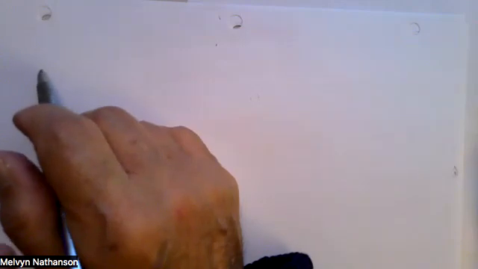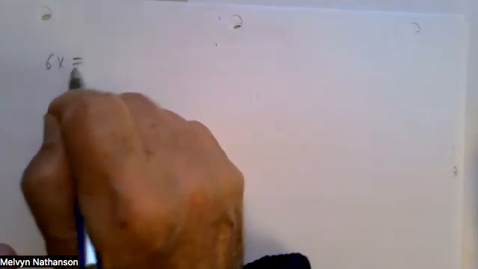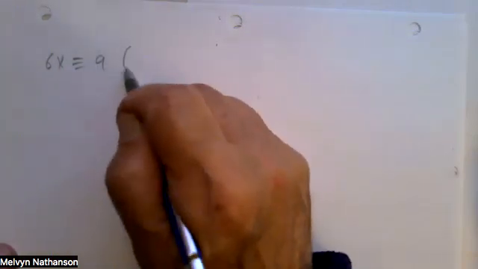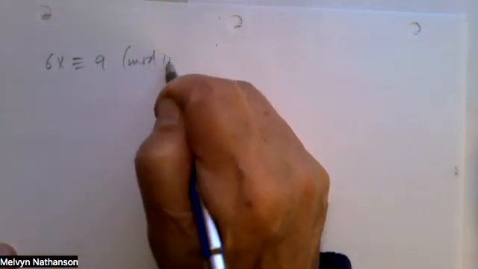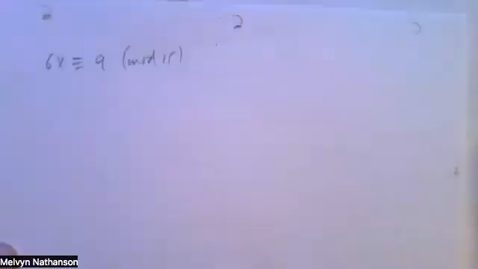First, I'll start again with an example. Suppose I want to solve, let's take an example, 6x congruent to 9 mod 15. I want to solve this congruence.